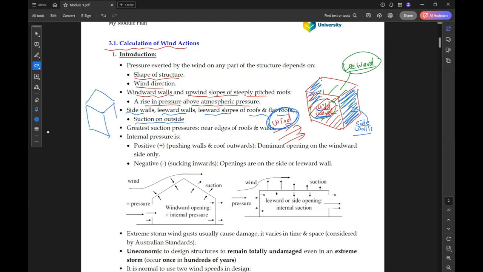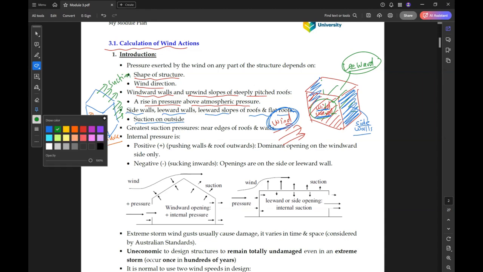So if we have this building again and the wind coming in this direction, the windward face will be under pressure, but the other 3 walls, the leeward walls, will be under suction, and also the side walls will be under suction.